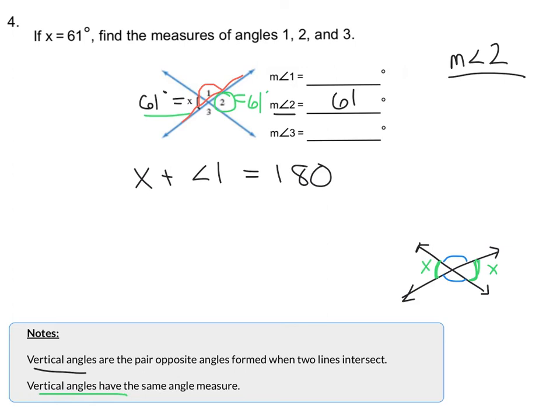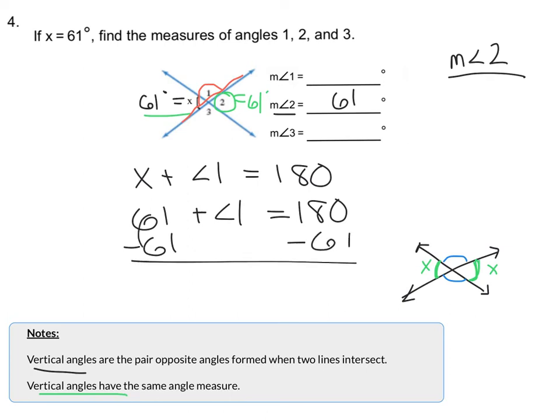I know that x is 61, so I'll substitute in a 61 into my equation, and now I'm going to solve for angle 1. So I'll subtract 61 from both sides, and I get that angle 1 equals 180 minus 61, which is 119 degrees.